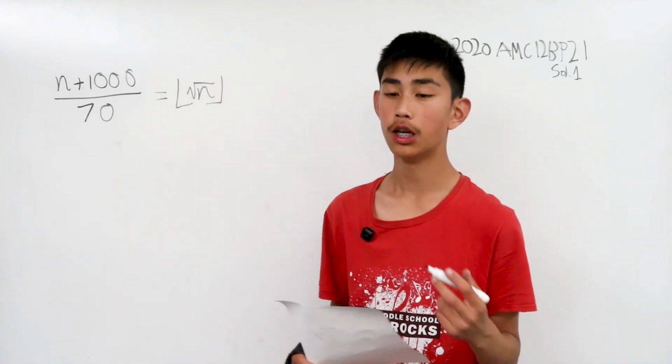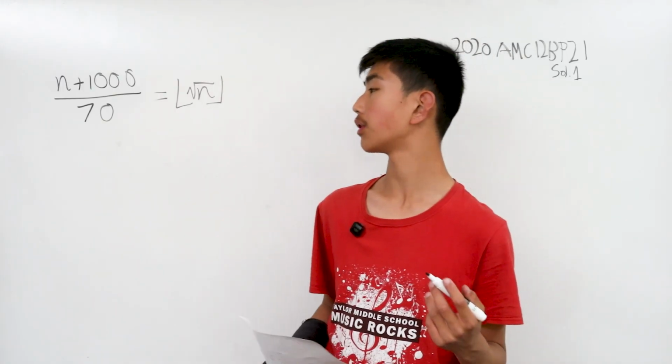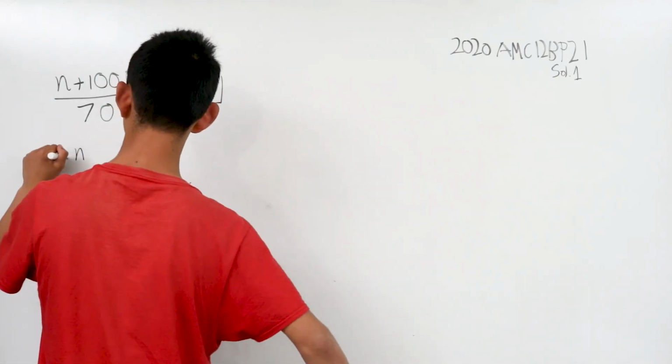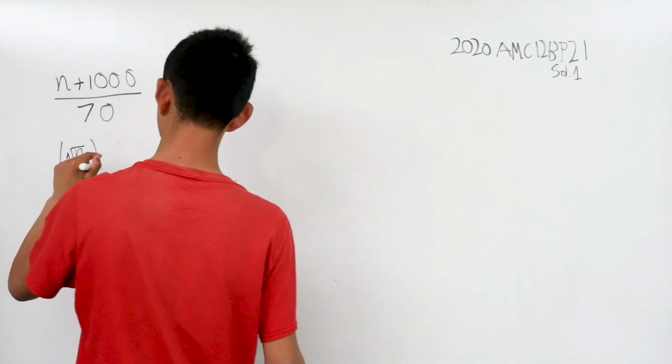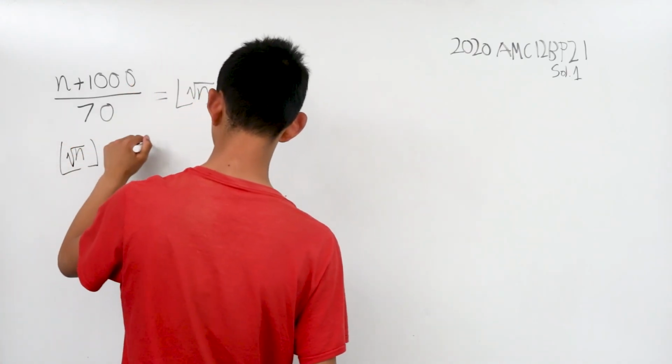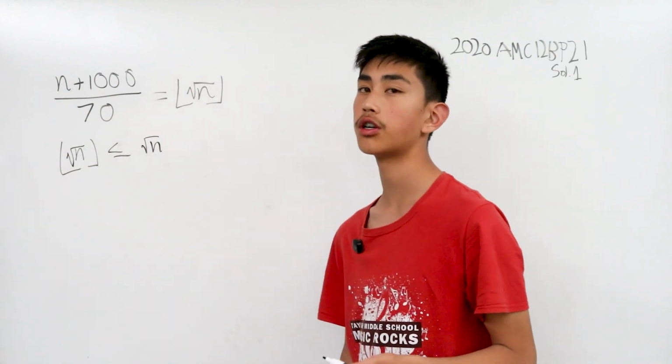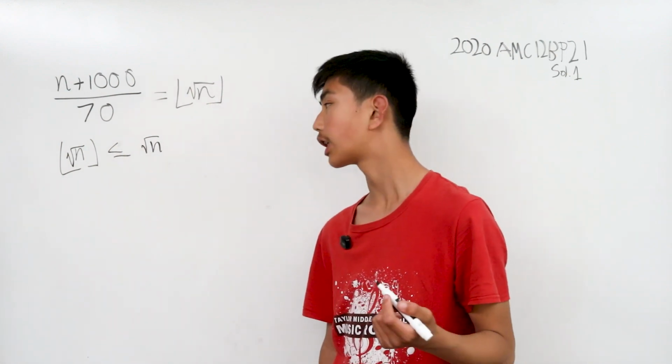So for this problem, we can first clarify some points. We can see that the floor of the square root of n has to be less than or equal to the square root of n, because the square root of n has the chance to be an integer, and therefore the floor doesn't do anything.